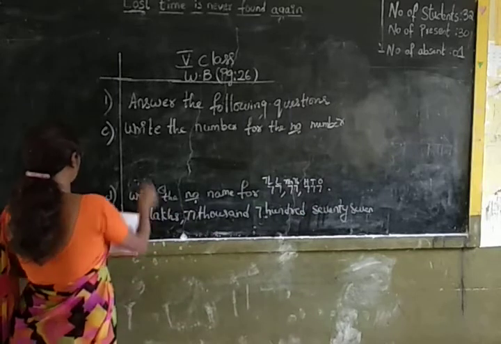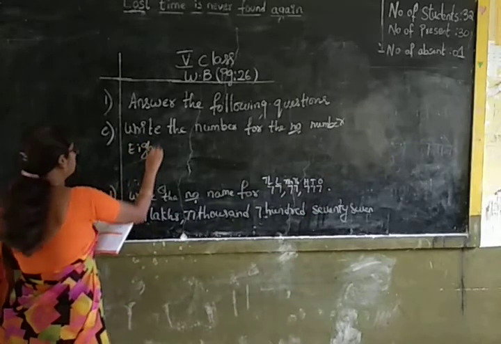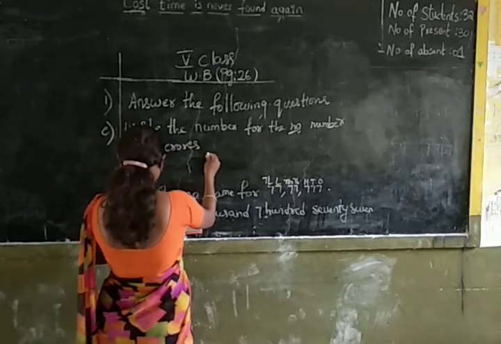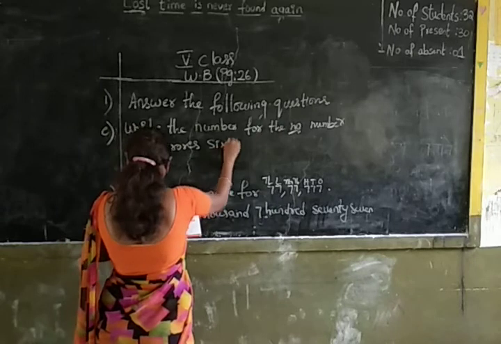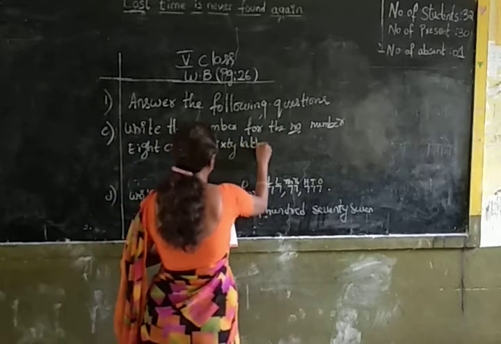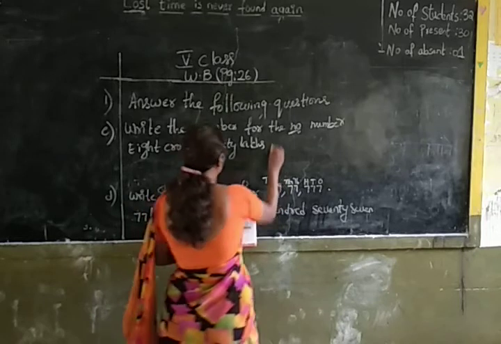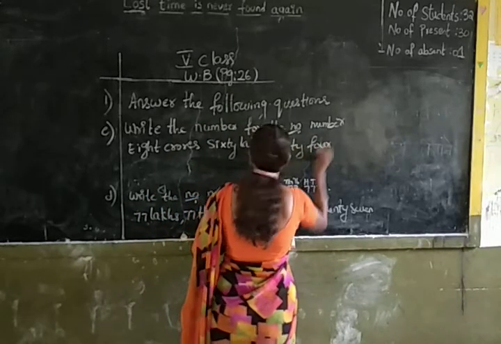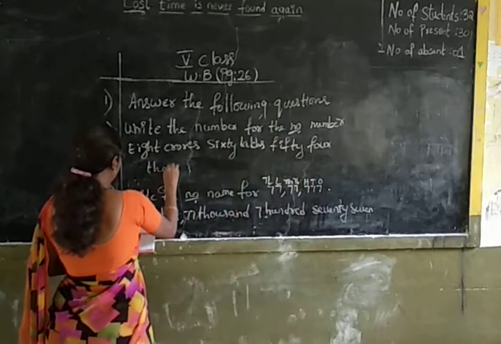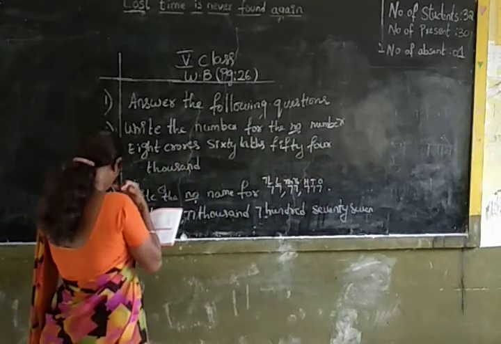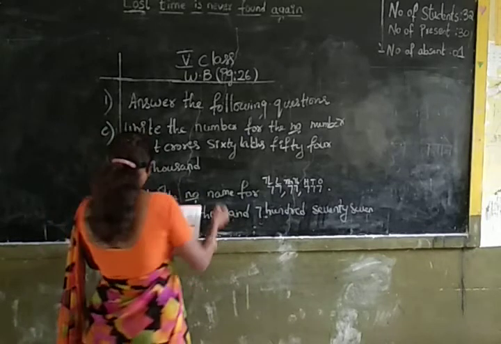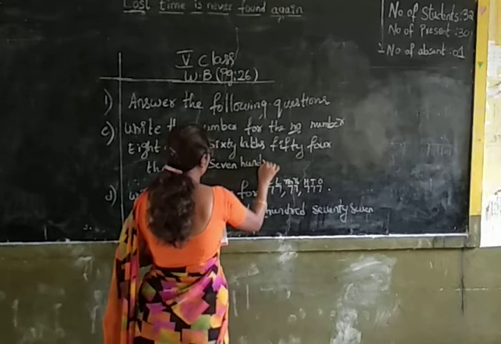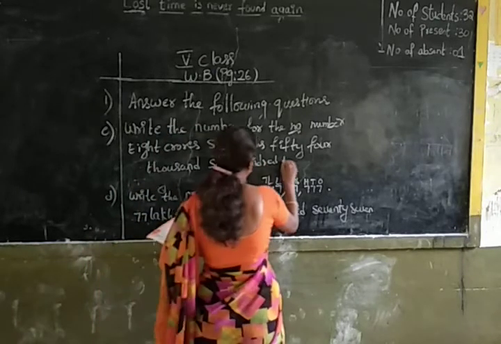So what is the number name? 8 crores 60 lakhs 54,702.